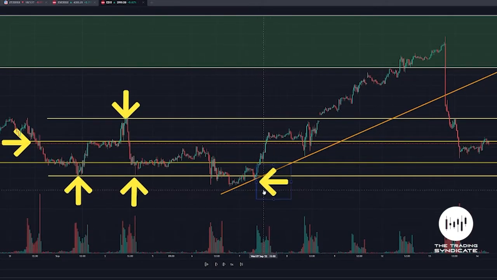The breakout is not totally confirmed until it challenges again the highs set by the automatic rally.